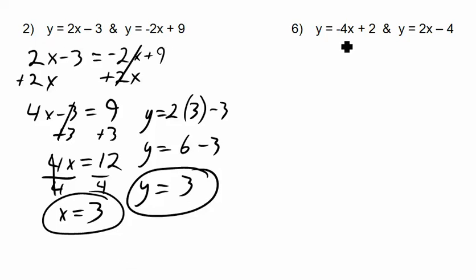And this one, same thing. Y is equal to that, and y is equal to that. So we can just set them equal to each other. So we set them equal to each other, which is a form of substitution. So I need all of my x's over on the side. Opposite of plus 2x is minus 2x.